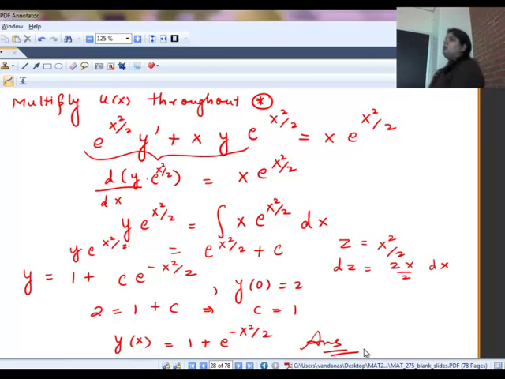That's it. So given a differential equation, you first find the integrating factor. Once you have that integrating factor, you multiply throughout in the differential equation. And then once you multiply it, it automatically converts the left two terms into the function y times e to the x square.